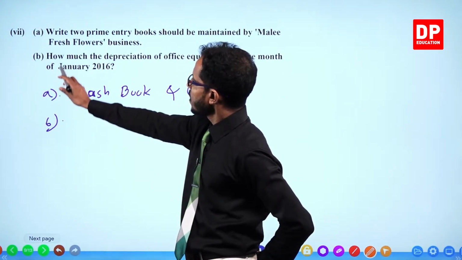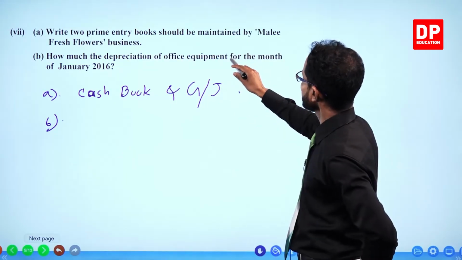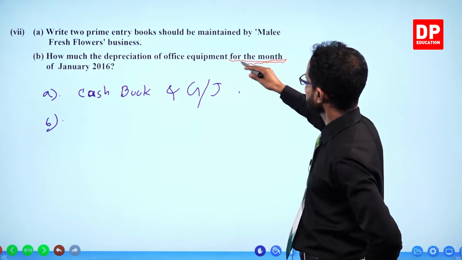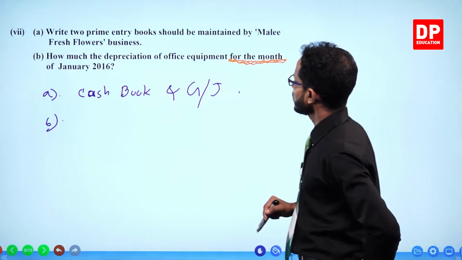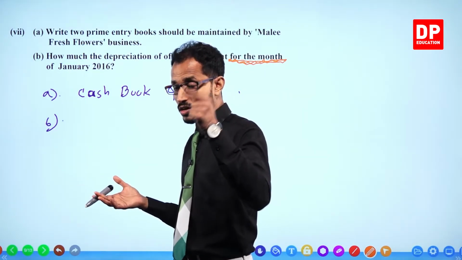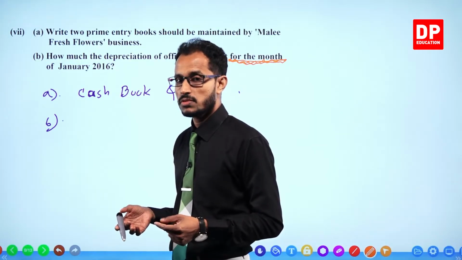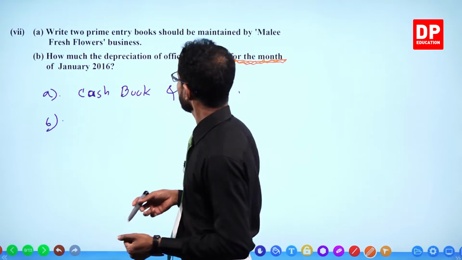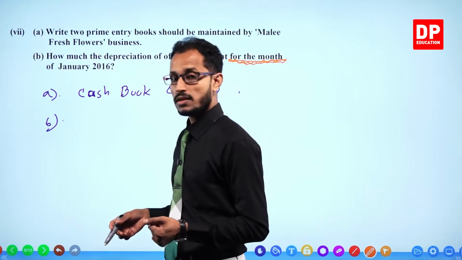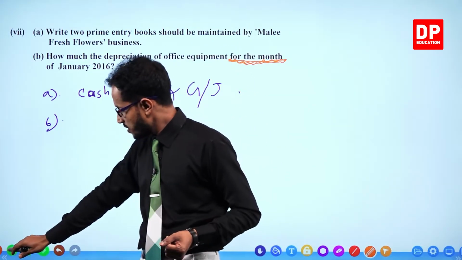How much depreciation of office equipment for the month? See, here they are asking for the month, but most of the time you calculate for the annum, that means annual depreciation. Let's take the cost of the office equipment, children.